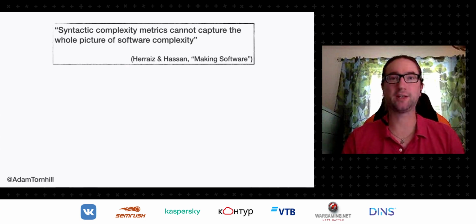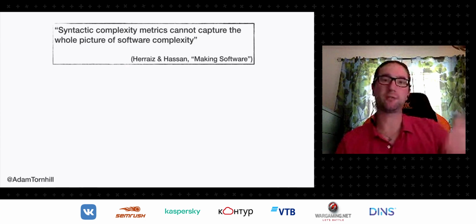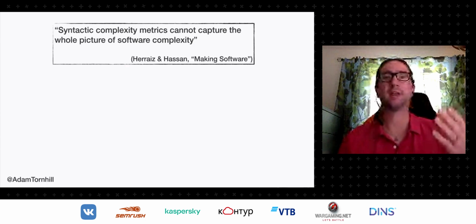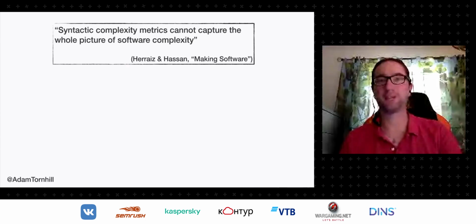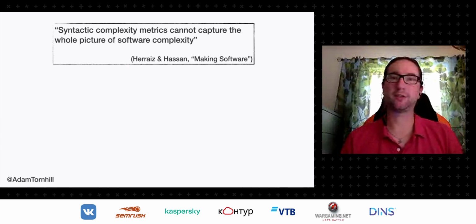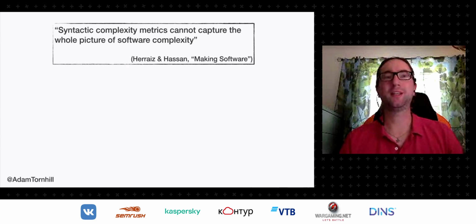What these researchers did was that they took a bunch of well-known complexity metrics, cyclomatic complexity being one of them, and then they looked at how good are these at predicting real issues, right? Really complicated code. And what they found out was that the moment they start to control for the number of lines of code, those more elaborate metrics like cyclomatic complexity, they don't add any further predictive value.